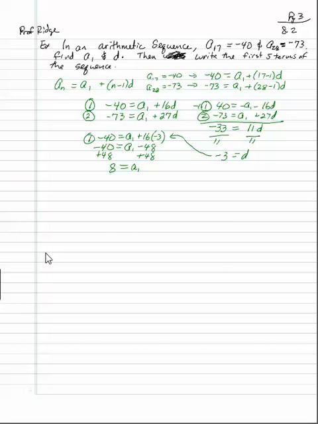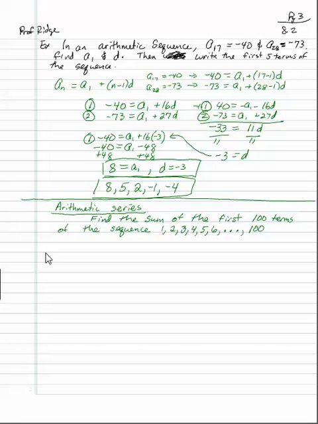So now I know that A sub 1 is 8, D is negative 3, so that's the first part. And then the first 5 terms would be, you start with 8, add negative 3, so that's 5, add negative 3 is 2, add negative 3, negative 1, negative 4. Okay, so there you go.